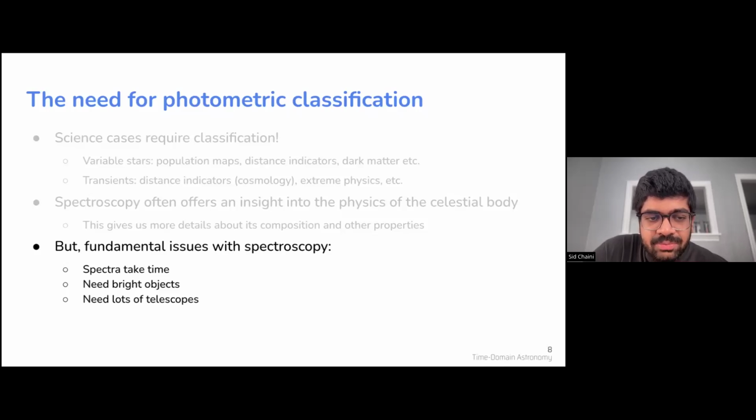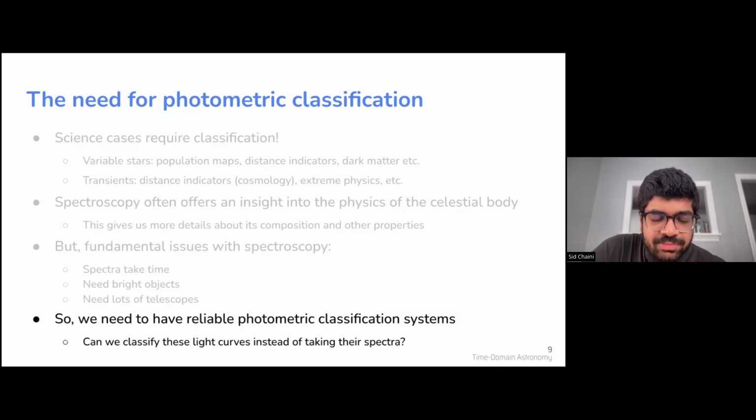And it's going to be very difficult to get a spectrum for these stars, at least with the telescopes we have today, like a 4-meter telescope, for example. And finally, because spectra inherently take more time, getting a spectrum for all of our objects would involve having lots of telescopes. And we just do not have that many large telescopes.